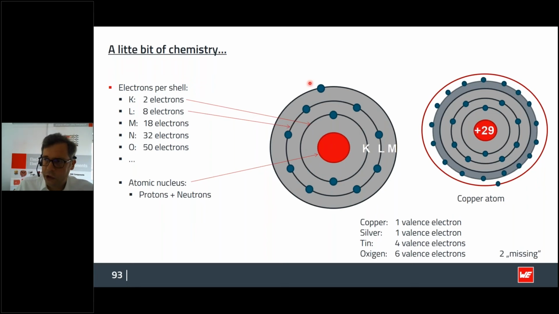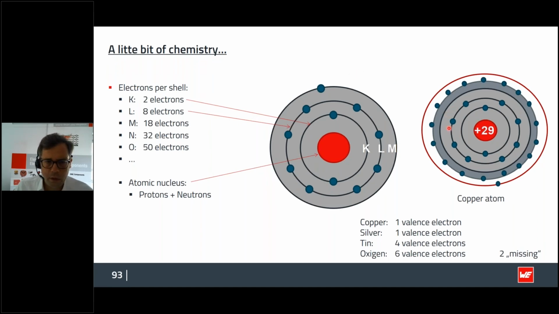And on the outer shell, you have the valence electrons, and these valence electrons are attracted by some other atoms, and for some ions that you have, you might have a deterioration of the surface of the ions which are applied on the contacts, and that is just an addition that I made.